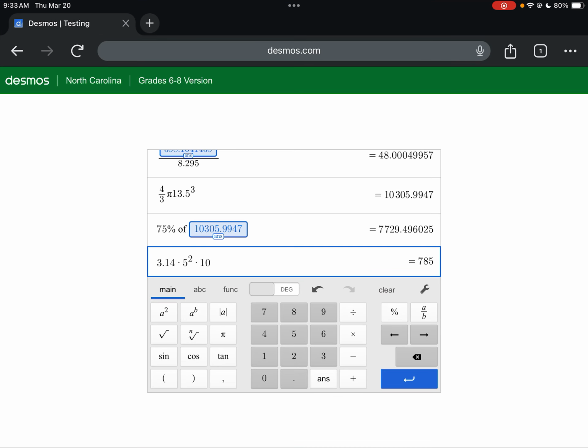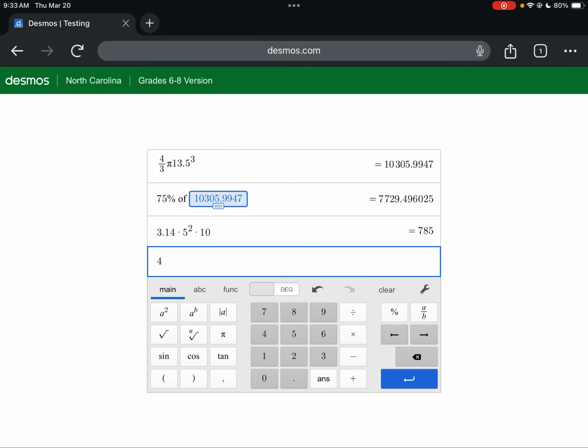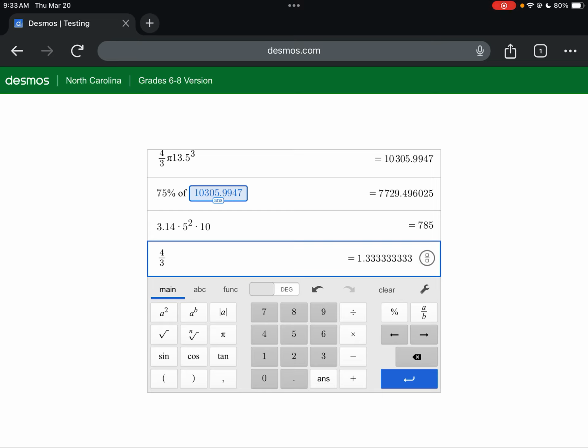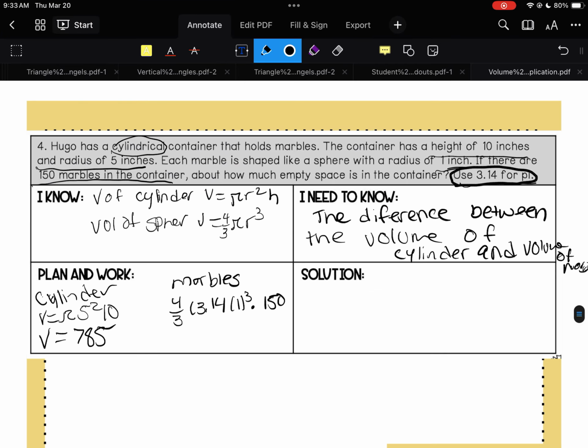So we're going to do 4/3 times 3.14 times 1 cubed. And that would normally be the end of our formula, but because we have 150, we're going to do times 150, which is equal to 628. So 628.